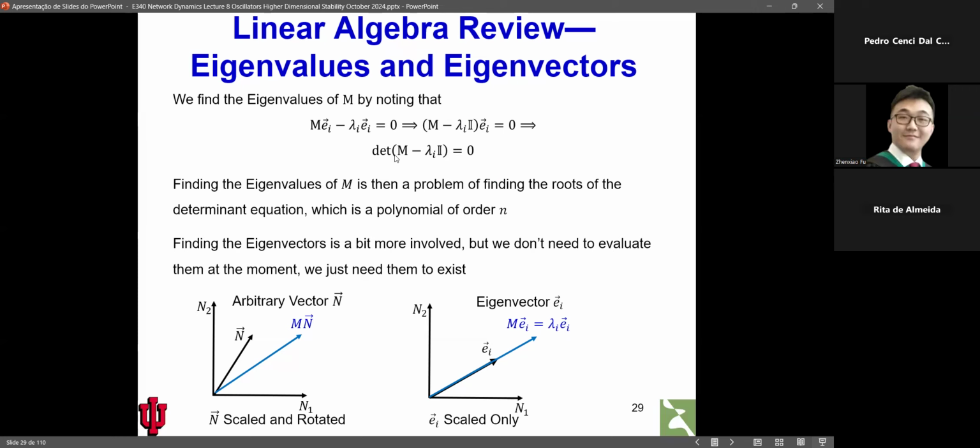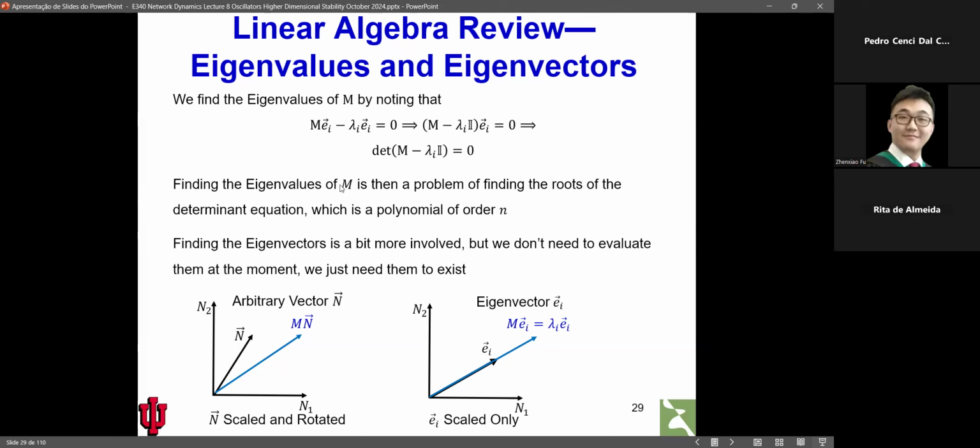This is a consequence of that. And then I calculate the determinant of M minus lambda I, supposing I know the matrix M. When I calculate this, I'm going to have n equations that I should solve to find the lambda i's.